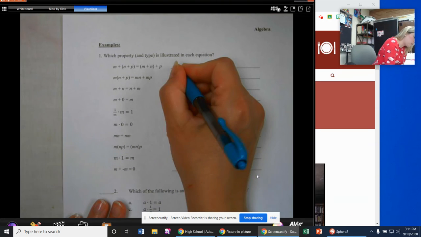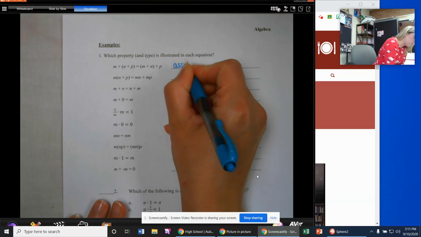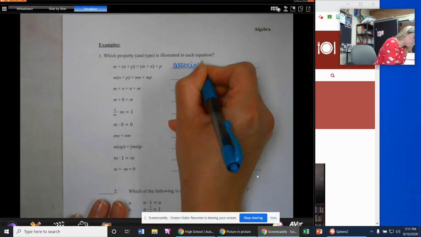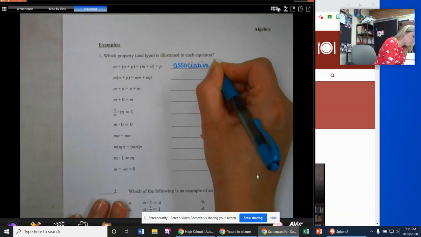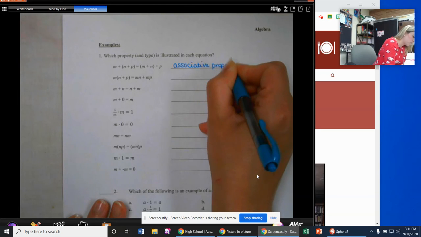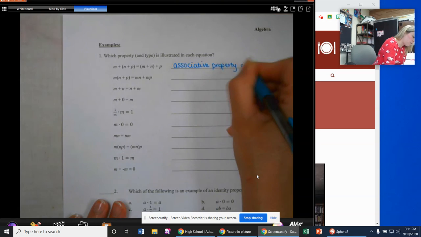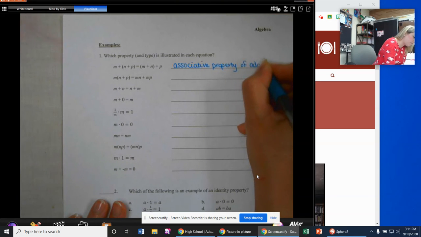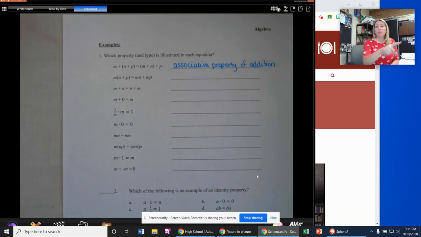So associative property of addition. Now see how I wrote that whole thing out on the line? That's what you're doing right now. You're practicing that.